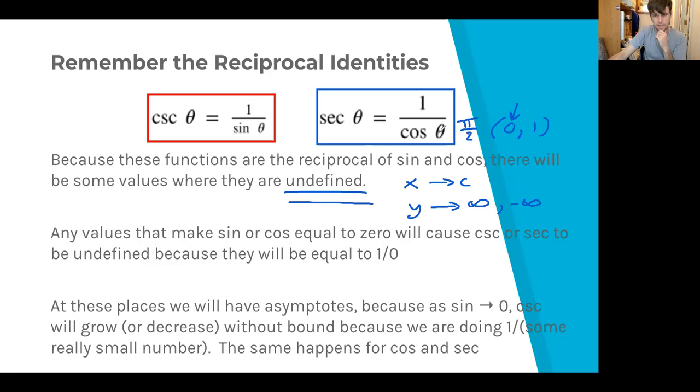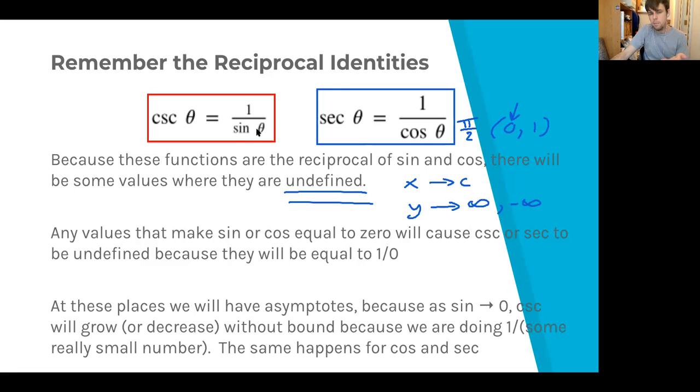So we're doing 1 divided by a very, very small number, which grows without bound up to infinity. Whatever number we wanted as an output, we could get it if we just get closer and closer to 0. Same thing is going on with cosecant and sine.